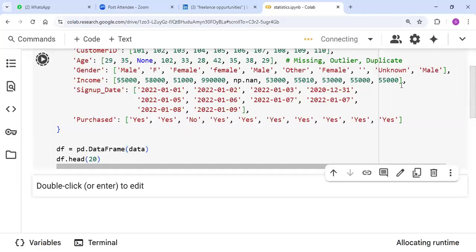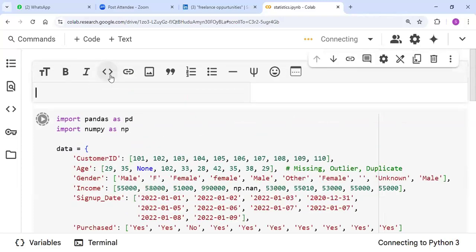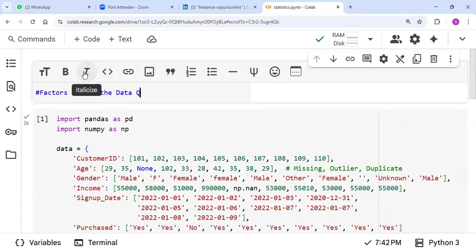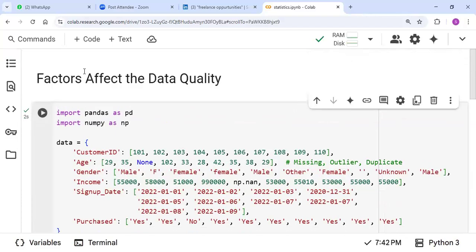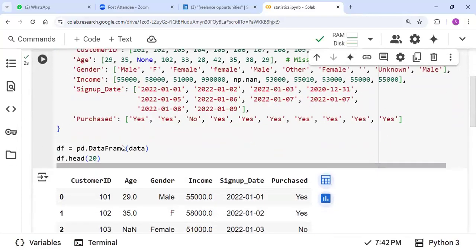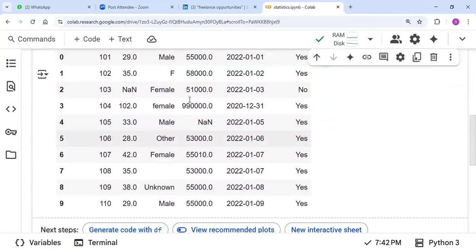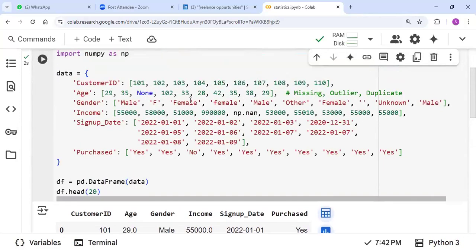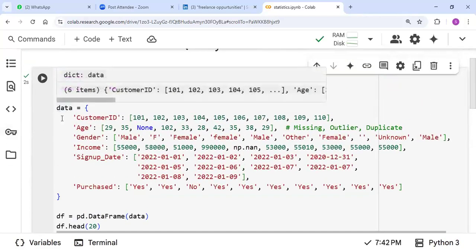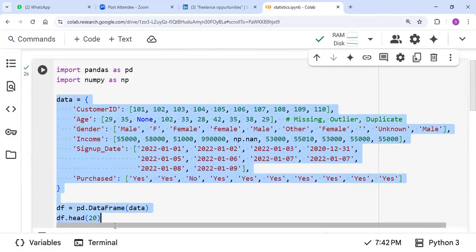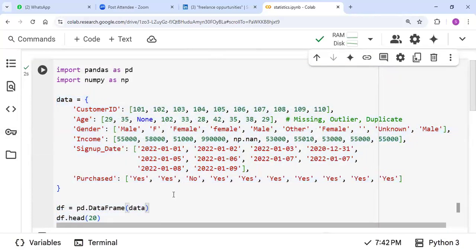I have just created 20 records. I hope you can see this data. It is simple data that has been purposely and intentionally designed in order to identify these factors.